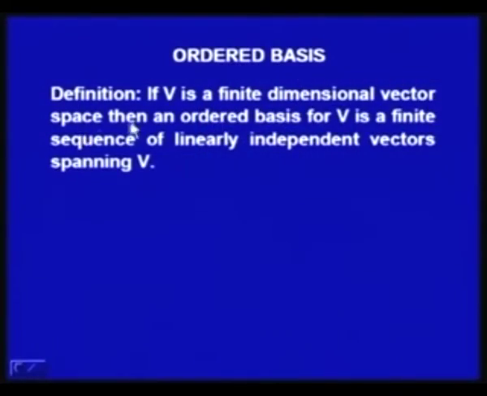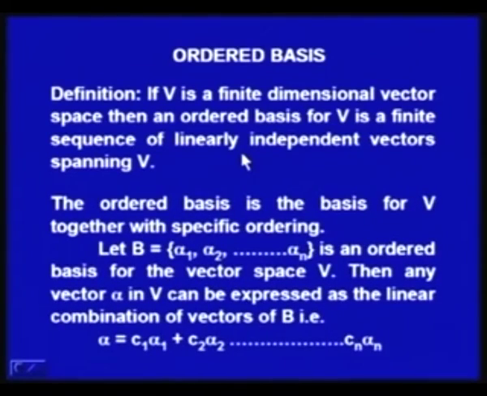Now, we come to another concept, ordered basis. We define: if V is a finite dimensional vector space, then an ordered basis for V is a finite sequence of linearly independent vectors spanning V. We have already defined basis for a finite dimensional vector space, but to define an ordered basis we have to incorporate some specific ordering.